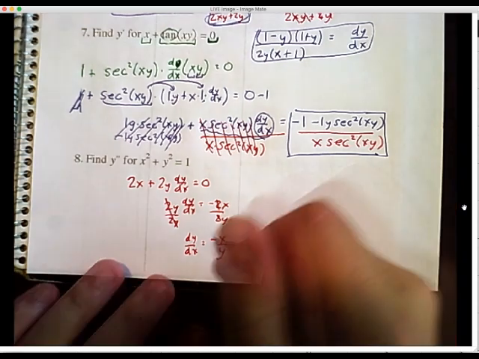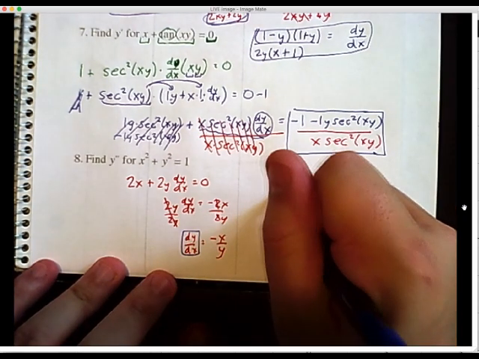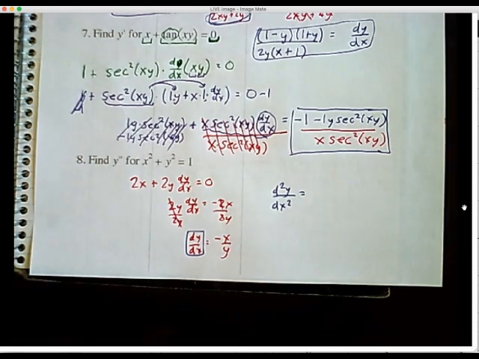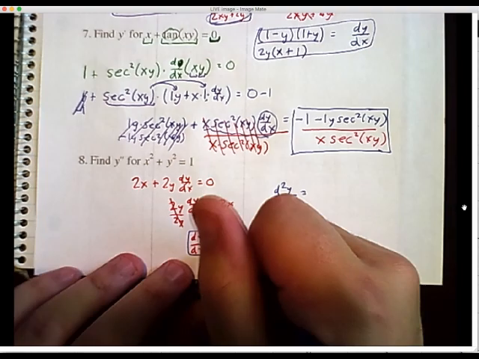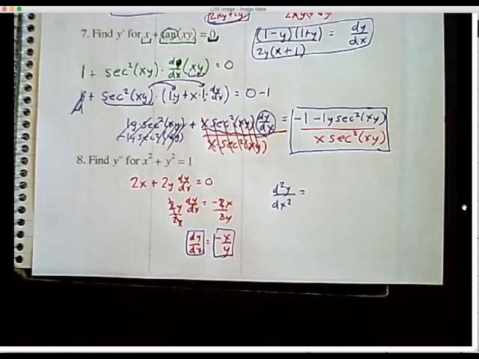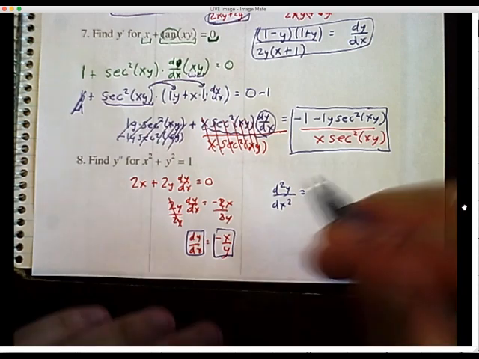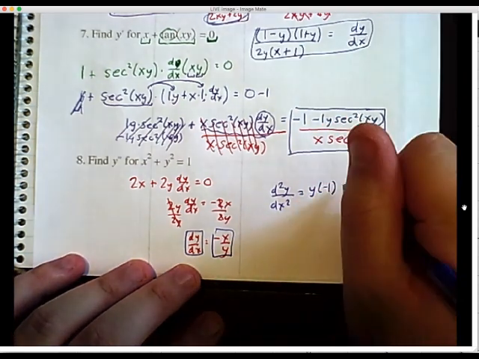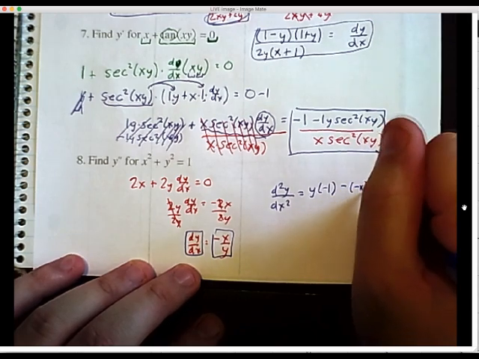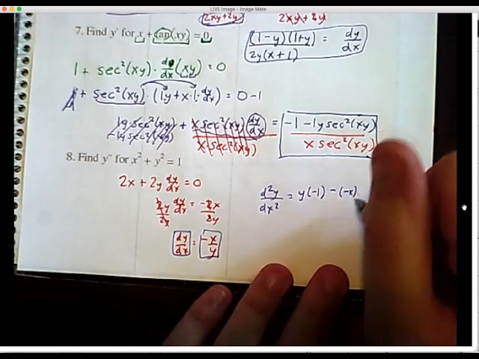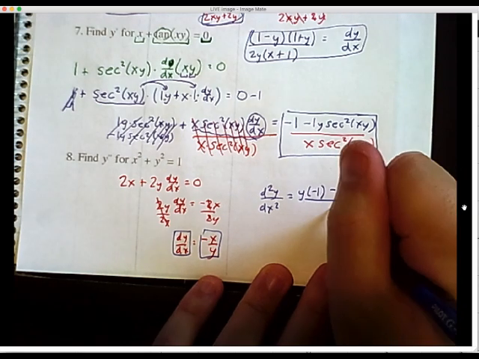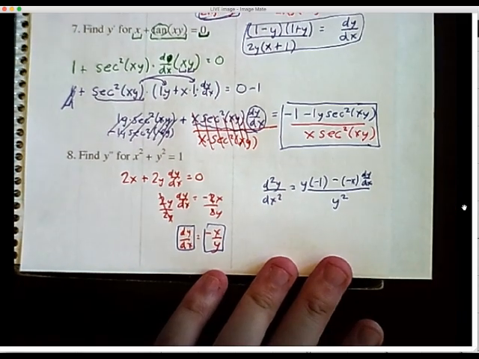Okay, second derivative. If I take the derivative of that, it's the second derivative. All right, if I take the derivative of this, just like before, I've got to use the quotient rule. So low d high minus high d low. The derivative of y is just dy over dx, all over low squared.